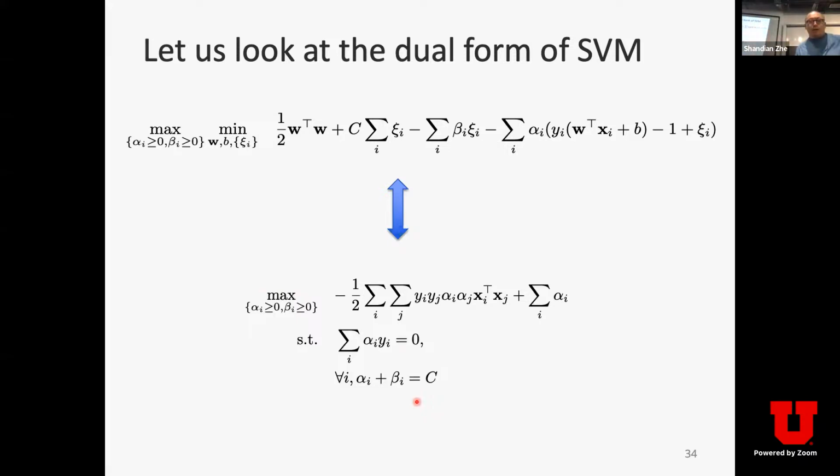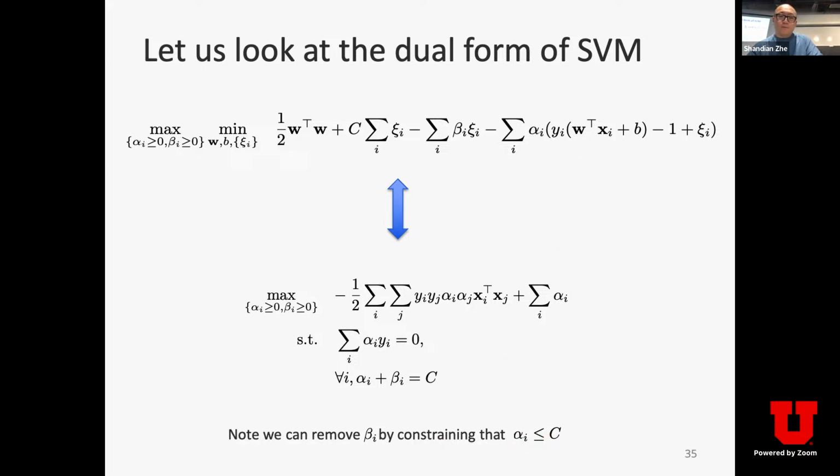It's actually pretty simple because we know that alpha i and beta i both are non-negative, and their summation must be C. So beta i is simply C minus alpha i. And because you want beta i to be non-negative, that just means C minus alpha i to be non-negative. Then you can simply get rid of beta i by constraining that alpha i must be less than or equal to C.